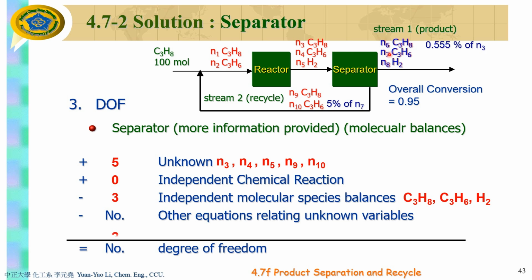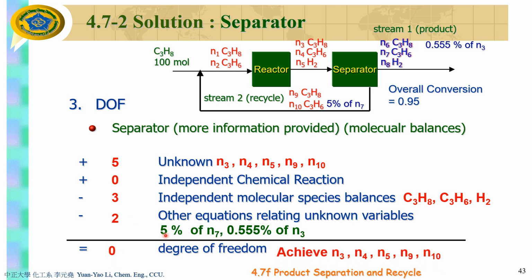So you have 2 specifications. So 5 unknowns, 5 equations. You get these 5, and I change the color from red to blue. That means you do simple calculation and get these 5 numbers.